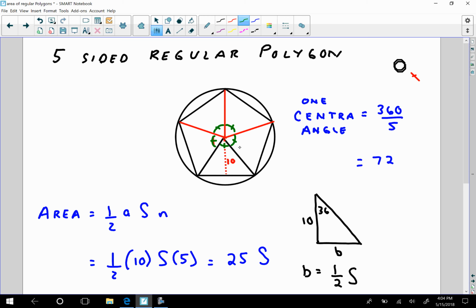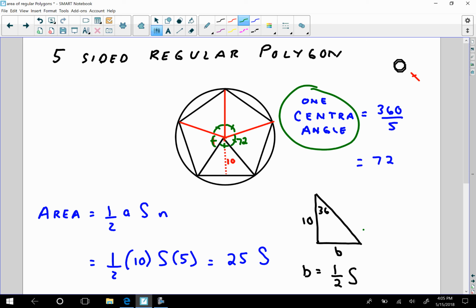So all of these angles are going to sum to 360 degrees, and they're all the same. Therefore, the measure of one central angle is going to be 360 divided by 5. That tells me that each of these angles is 72 degrees.